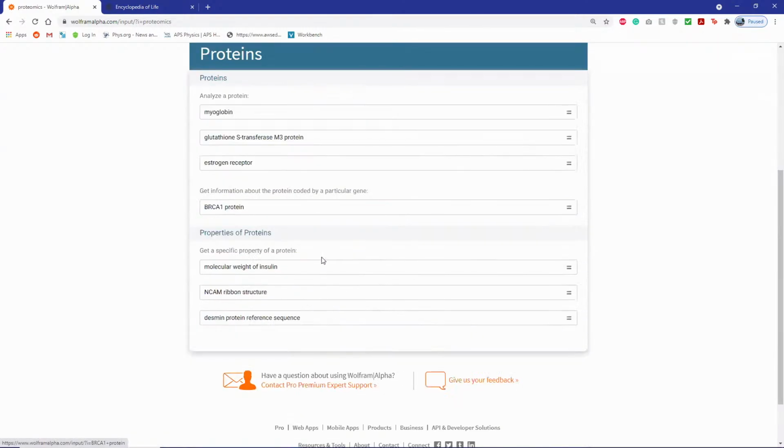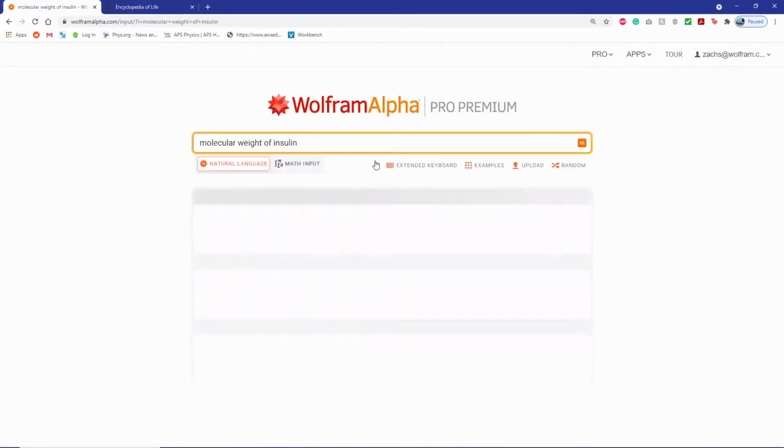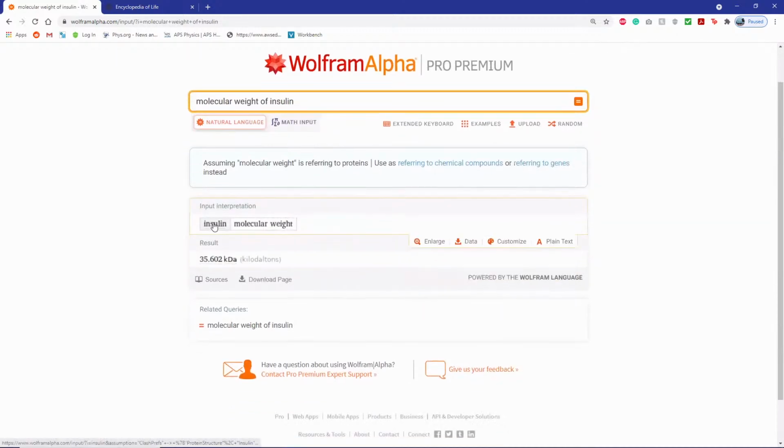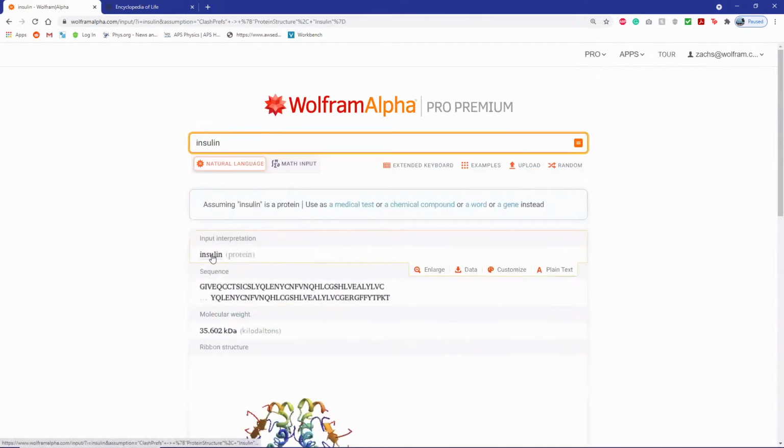I hope this is what you're looking for, William. We have some stuff about proteins. I don't know what proteomics is, I may have just butchered that, but you can look up properties like that, and you can also pull that into a notebook. When you look something up like the molecular weight of insulin, you see insulin is a grayed out box. This means insulin is its own entity, which we talked about last week.